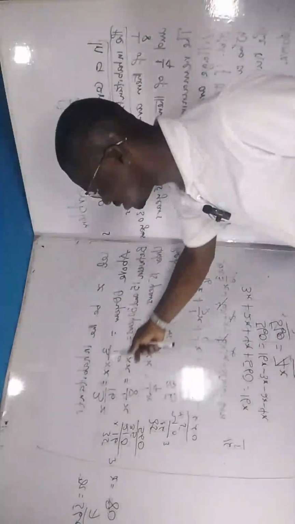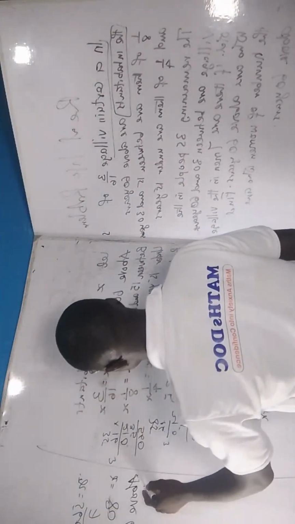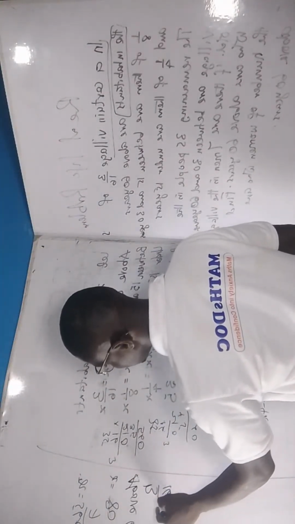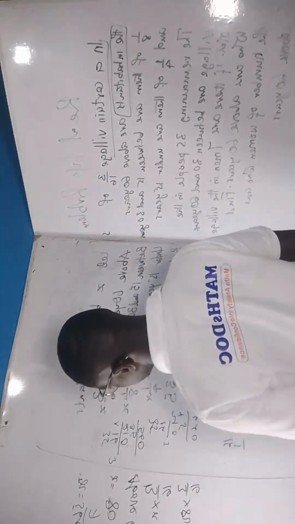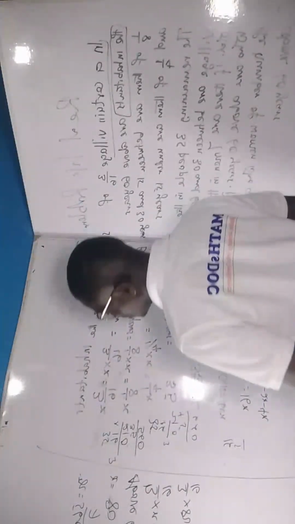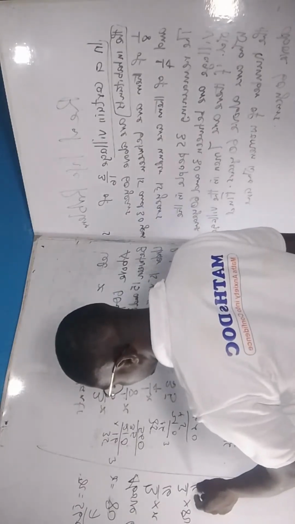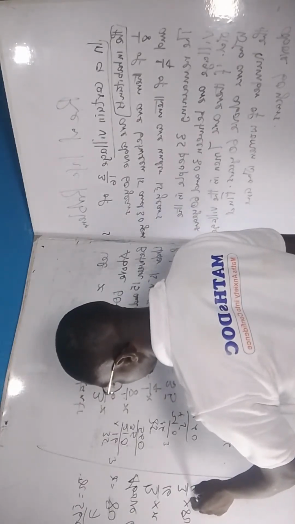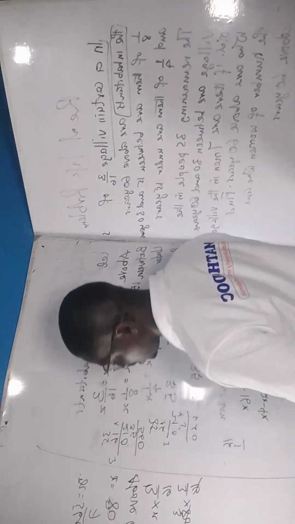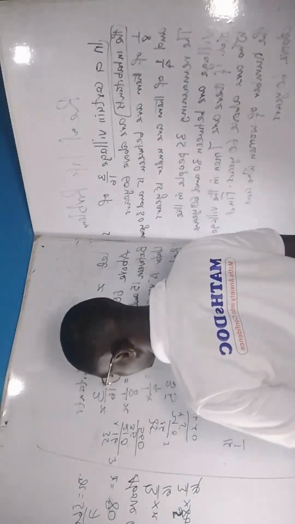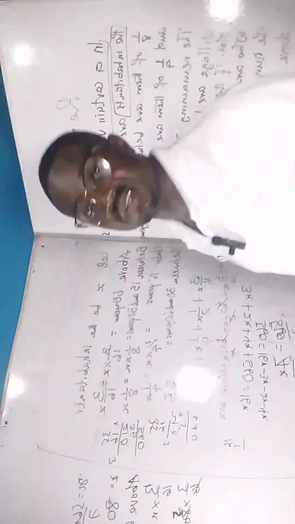It is 3 over 16 times x, which is now 3 over 16 times 80. So we have 15. So there are 15 people who are above 60.